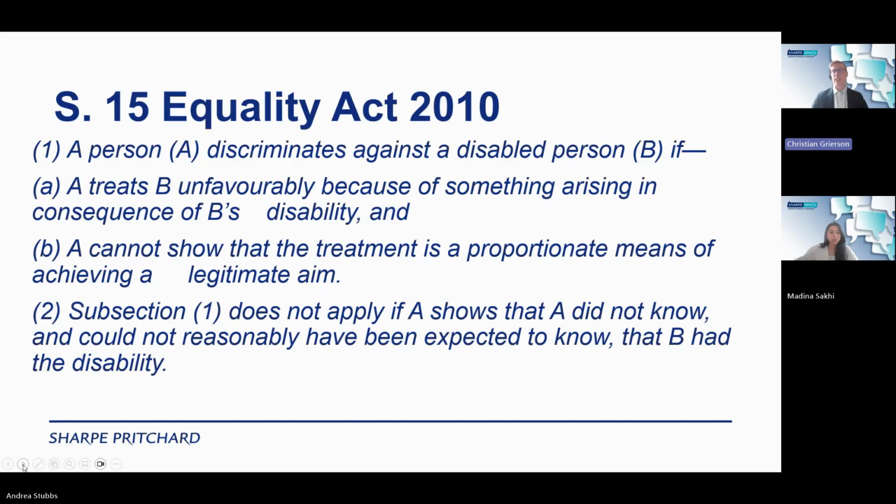So that might be an example of a direct discrimination. Whereas a Section 15 claim is less overt. It says that the conduct is not directly because of the disability, but because of something arising from that disability.